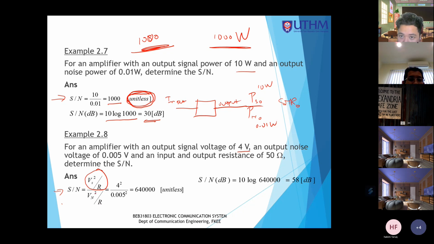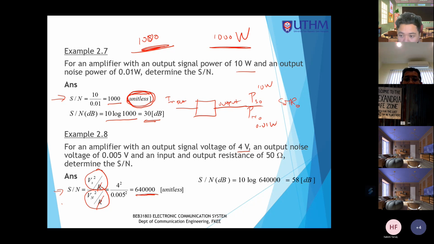Okay, so kita kena jadikan dia dalam sebutan power. So that means R can be cancelled out sebab R di sini adalah sama 50 ohm and 50 ohm, so we can cancel out. So that means 4 square over 0.05 square. So we get 640,000. Okay, 640,000 for the SNR.